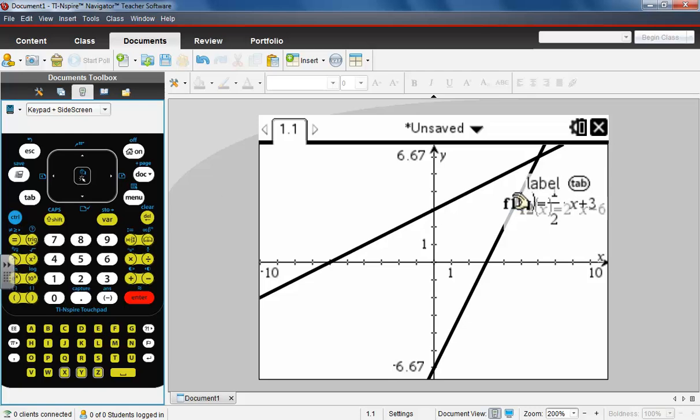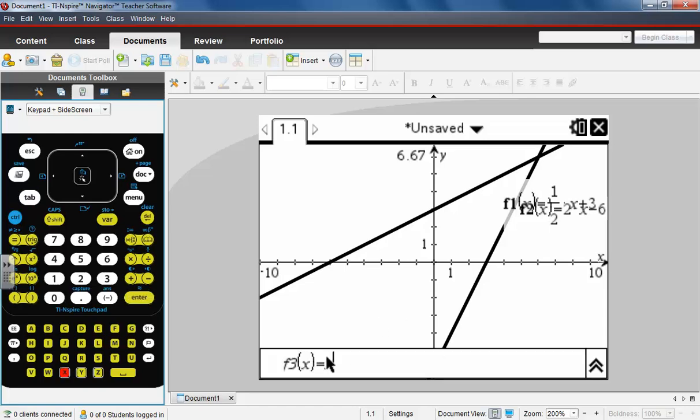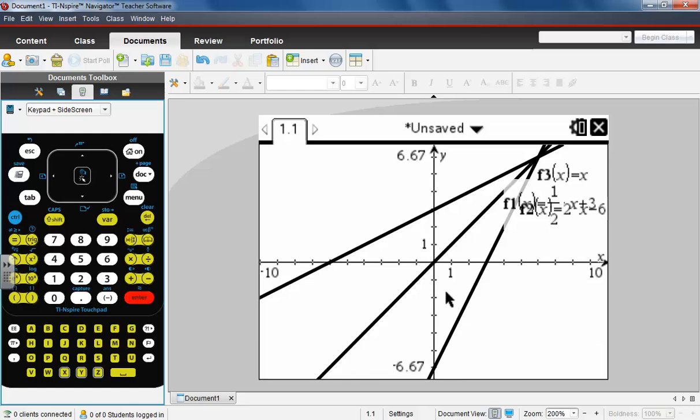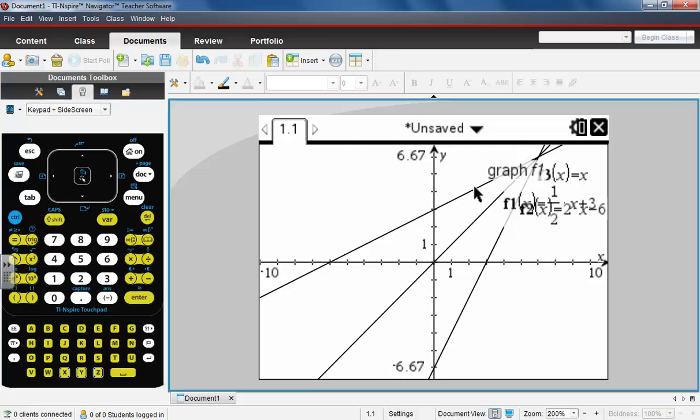And so we should be getting a reflection of these two graphs across the y equals x line. So we can check that by just graphing the y equals x line. That's our reflection line here. And we can see that the same thing is happening on this side of the line as is happening on this side of the line. So those are inverses of each other.